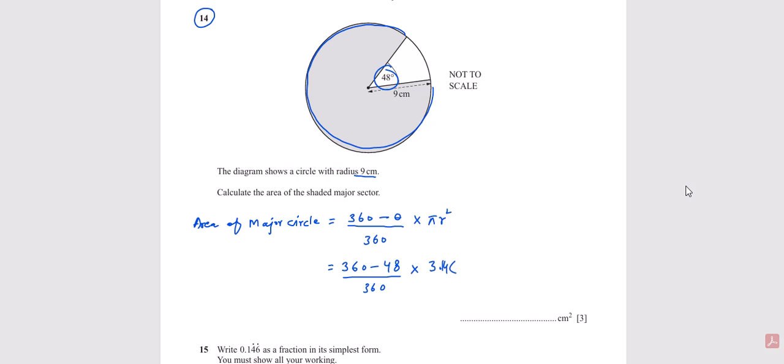The radius is 9. This one is radius, that is equal to 9 square. Calculate these values, we get 220.5. So the final answer is 220.5 centimeter square.